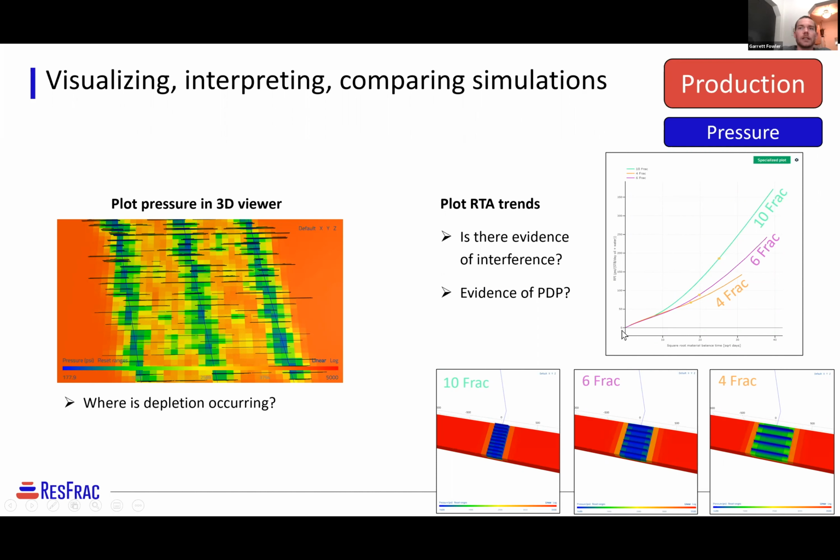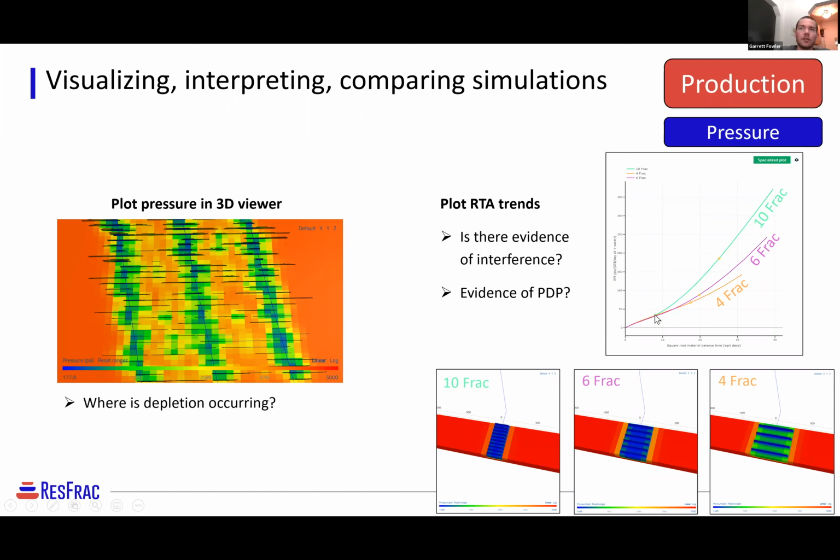On the right-hand side, I've included an example from our training material where we have the RTA plot for 3 different simulations plotted. The theory of RTA plots is that this trend will be linear until a no flow boundary or a boundary dominated effect is felt. In these 3 simulations of equivalent lateral length, we have put various numbers of fractures while keeping total fracture area the same.